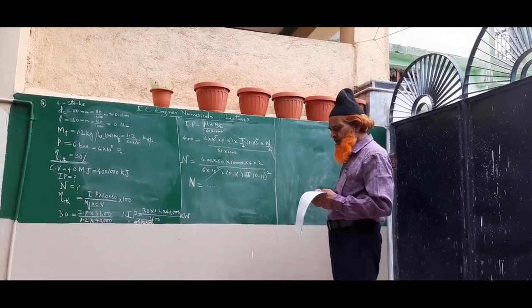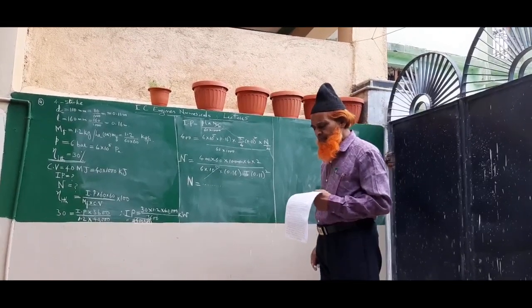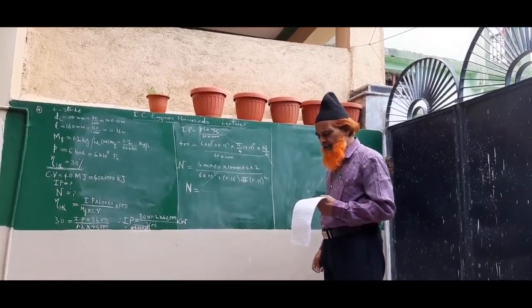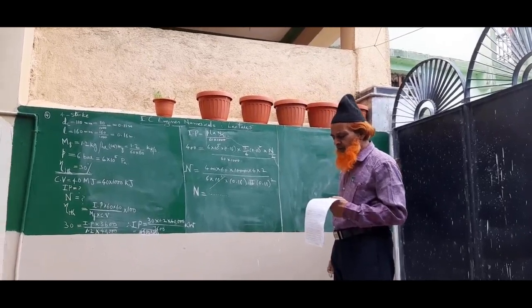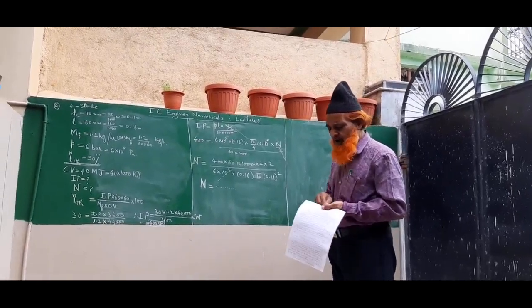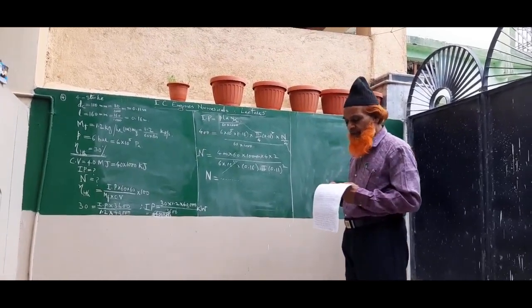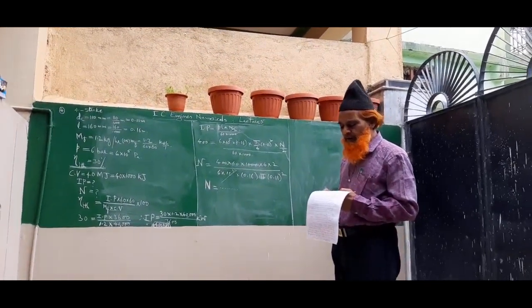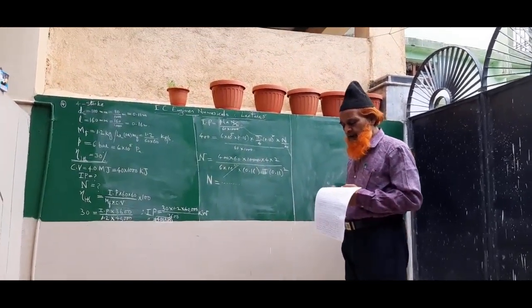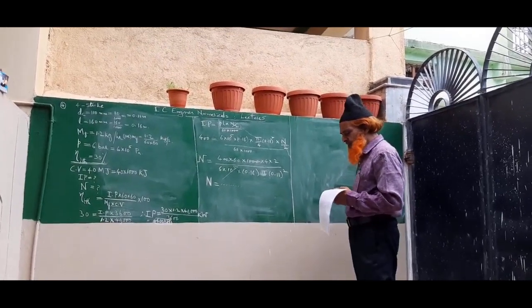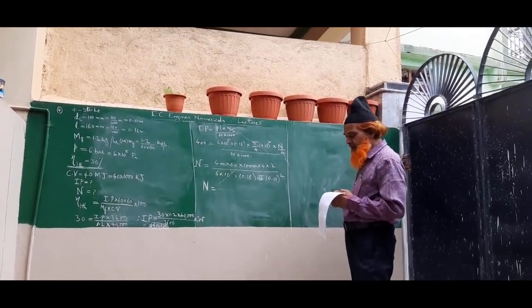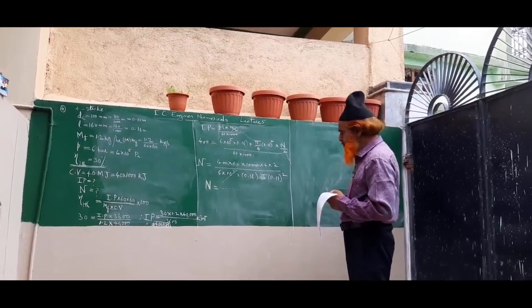The brake load is 5 kg at 500 mm radius, and mechanical efficiency is 80%. Calculate brake power and mean effective pressure.